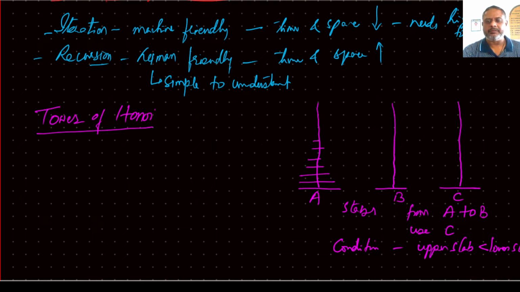That means we can't place a bigger slab over a smaller slab. And the story goes that when anybody can solve this problem, that's the day when the universe ends. Something like doomsday. So that's something about the story.